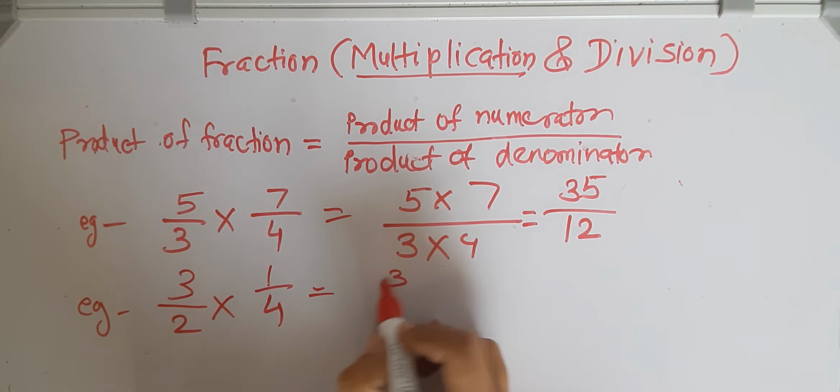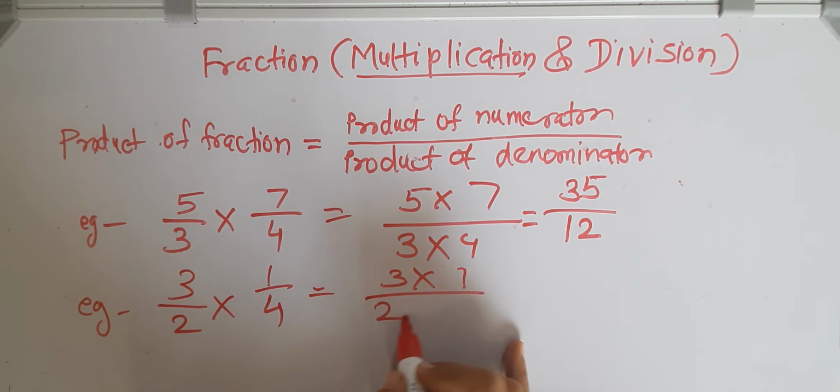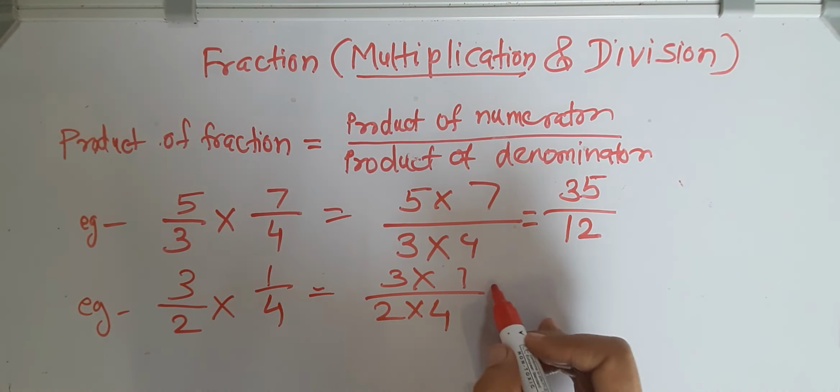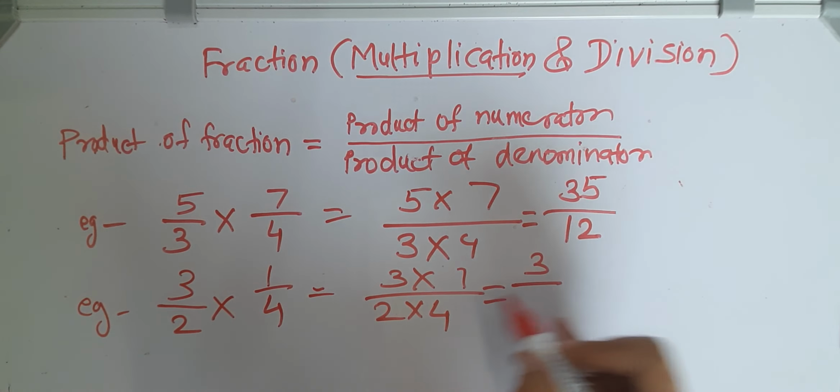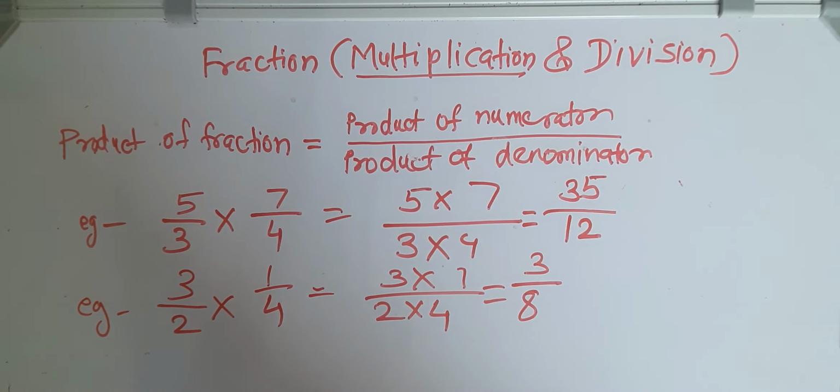Same way, 3 into 1, 2 into 4, which gives us 3 by 8. This is how we perform multiplication when both values given are fractions: product of numerator divided by product of denominator.